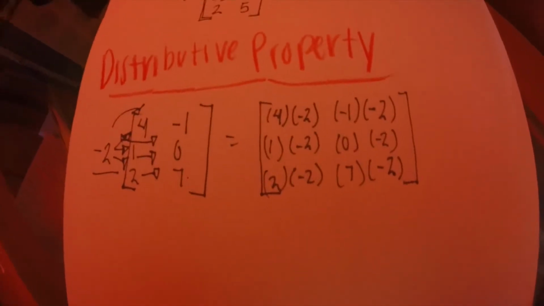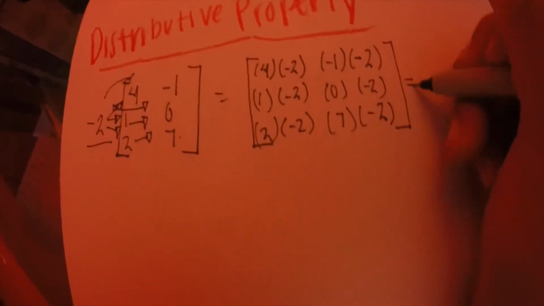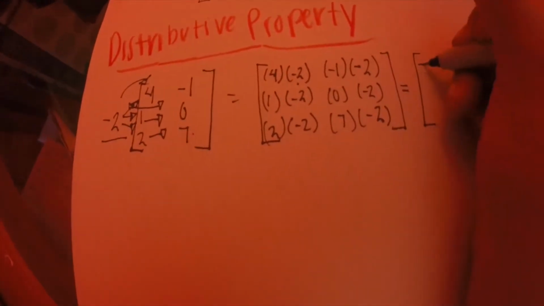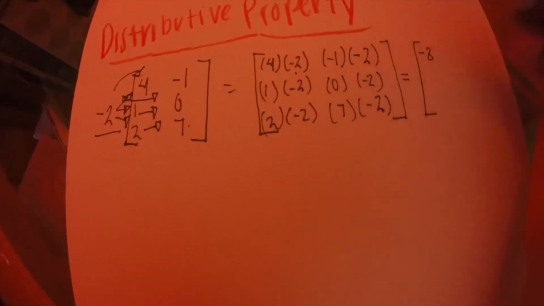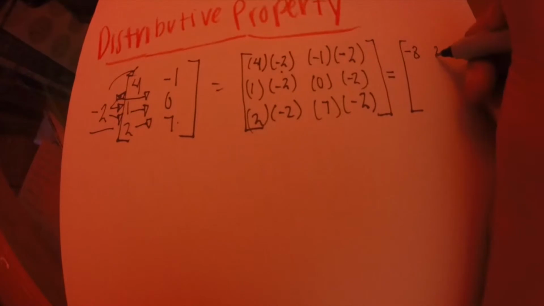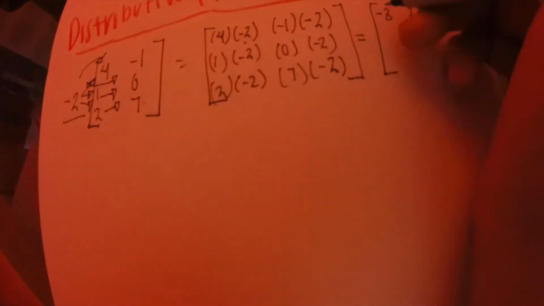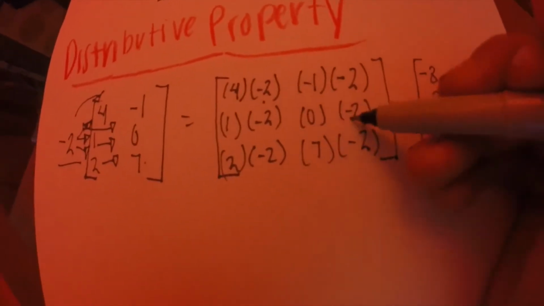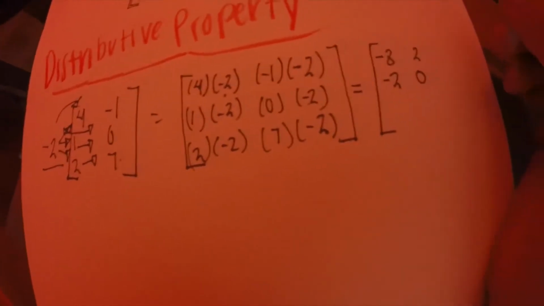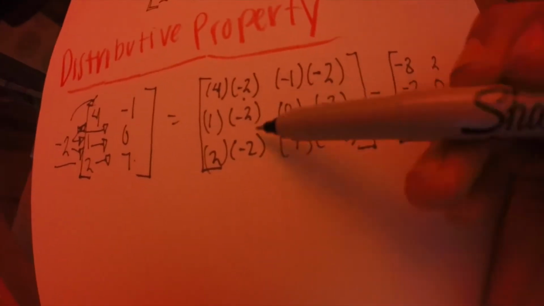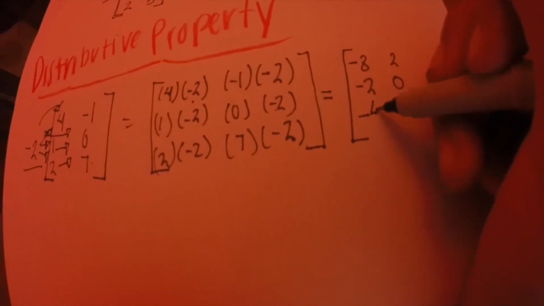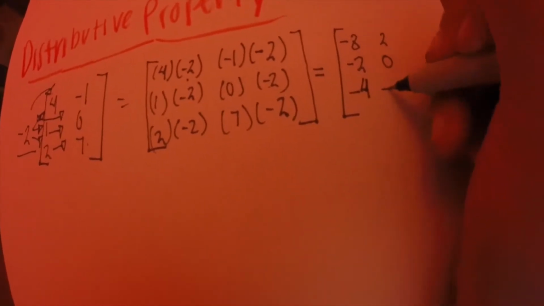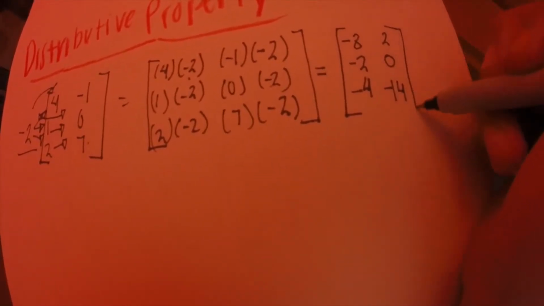Your matrix would obviously be the result of that, which then would equal 4 times negative 2, negative 8, negative 1 times negative 2, positive answer, so 2, 1 times negative 2, which would be negative 2, 0 times negative 2, which would obviously be 0, 2 times negative 2, which would equal negative 4, and 7 times negative 2, which would be negative 14.